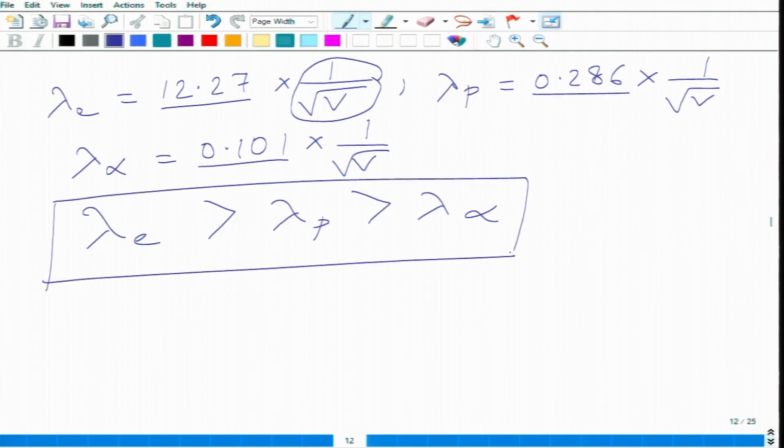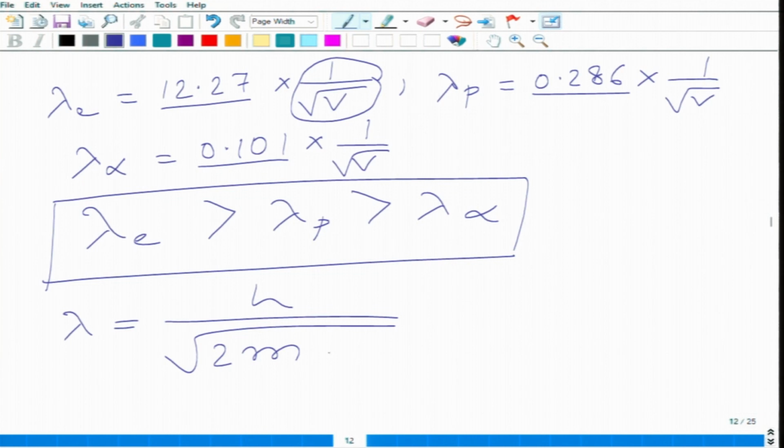We know that the dimension of electron is very small as compared to proton, and proton is smaller than alpha particle. We had also seen this formula, 2mVq, where lambda is inversely proportional to the square root of mass.